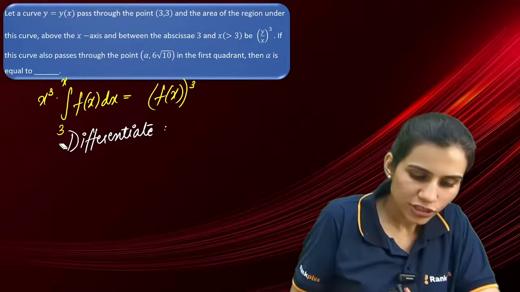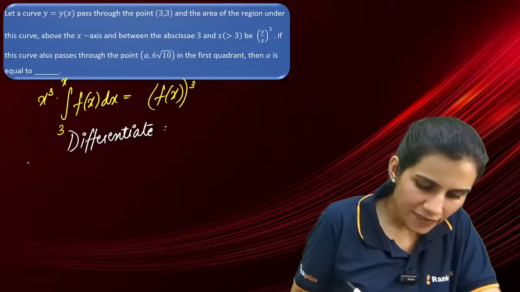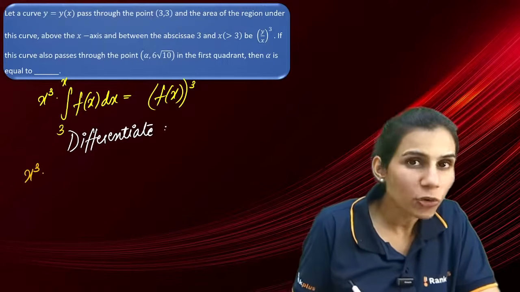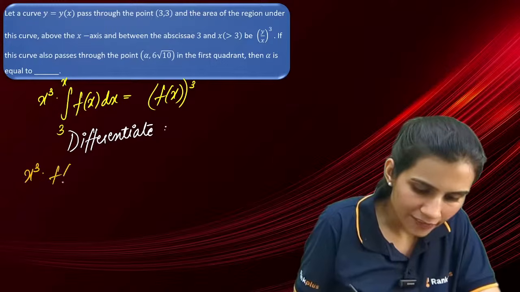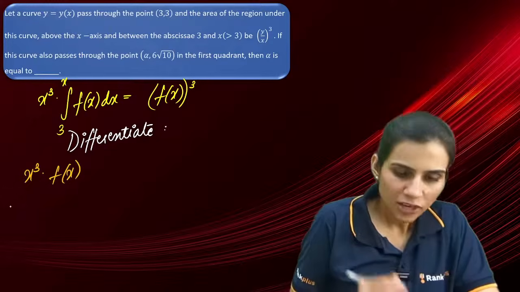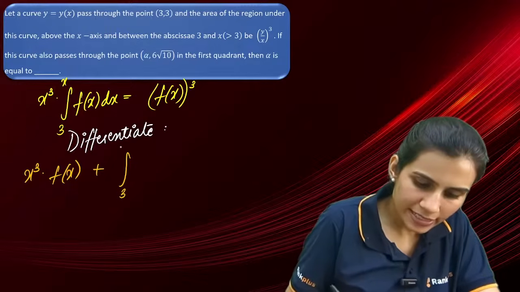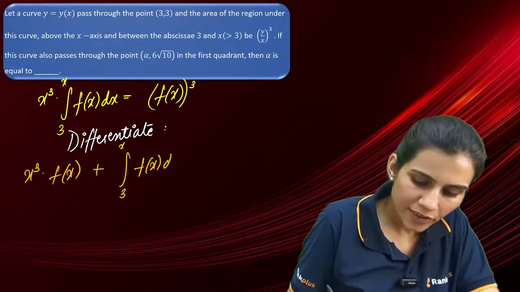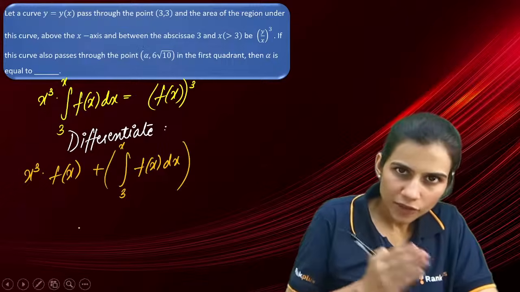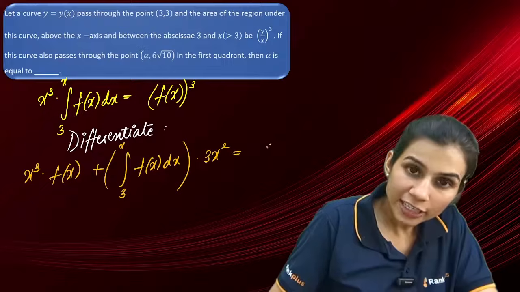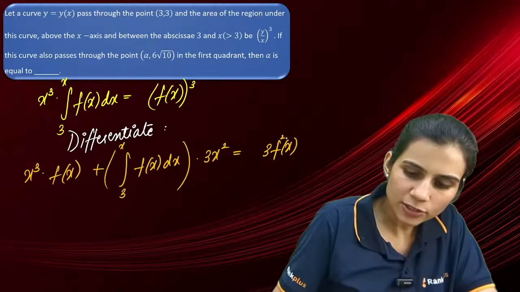I will differentiate both sides. What will I get? I will get first function, differentiation of second will require me to apply the Newton-Leibniz rule. I will get x cube into f of x, first function differentiation of second, plus second, which is integral 3 to x f of x dx, differentiation of first, equal to 3 times f of x whole square into f dash x.